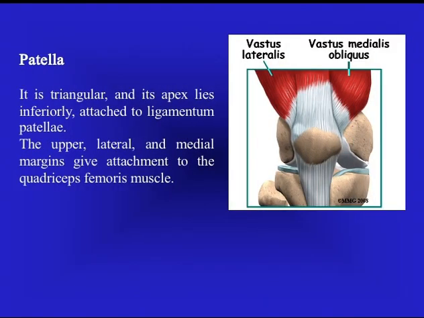The patella is triangular in shape. Its apex lies inferiorly, giving attachment to the ligamentum patellae, or the patellar ligament. The upper, lateral, and medial margins give attachment to the quadriceps femoris muscle.